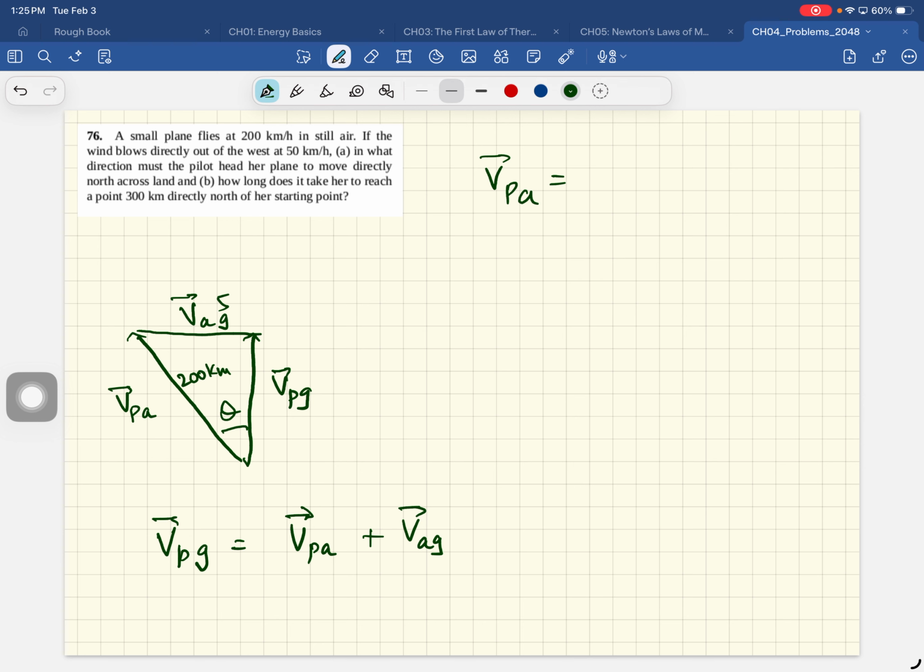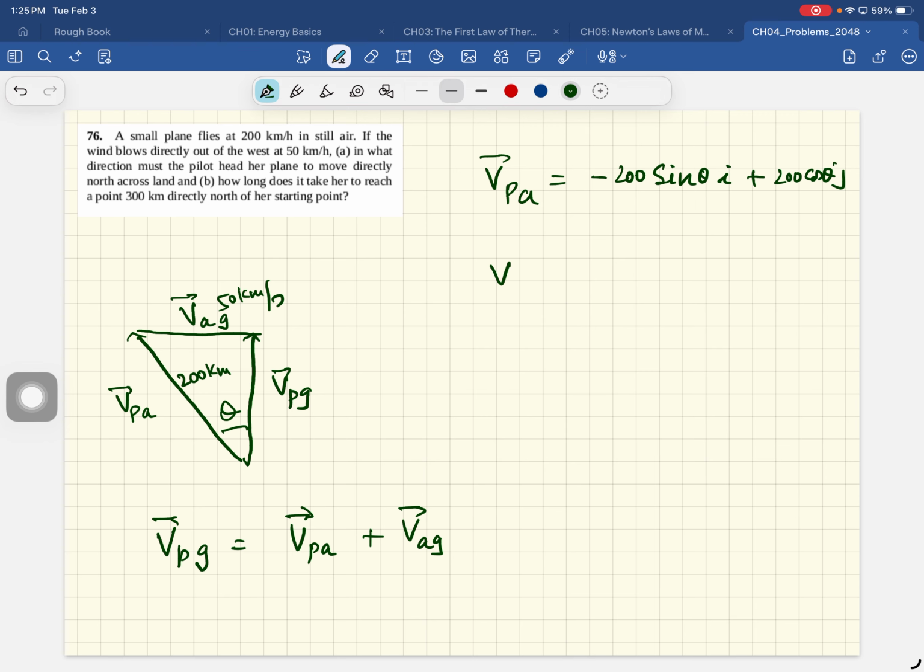Okay, so the velocity of the boat with respect to Earth is equal to the velocity of the boat with respect to water plus the velocity of water with respect to Earth. Here's the velocity of the boat with respect to water, and then we'll add the velocity of water with respect to Earth.